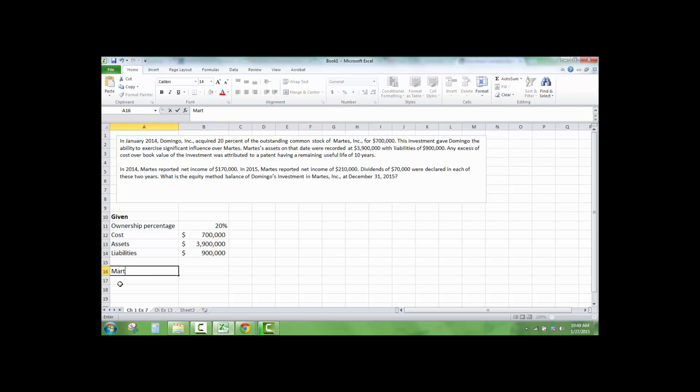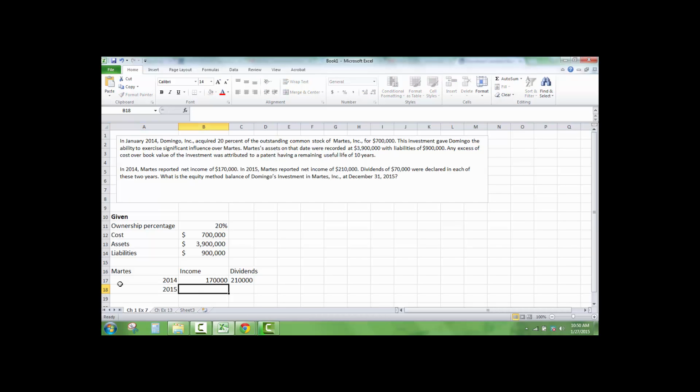And Martis income, dividends. Okay, so in 2014, they had income of $170,000 and dividends of $70,000.